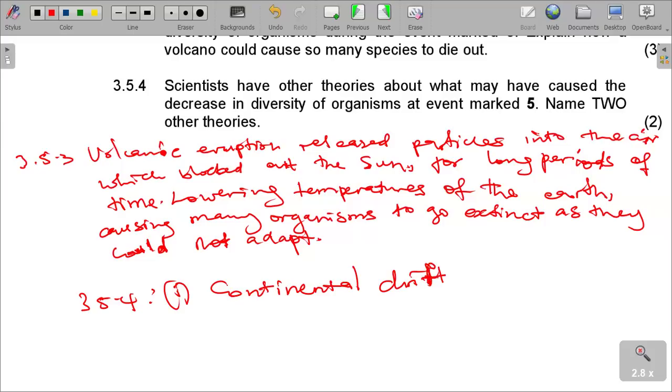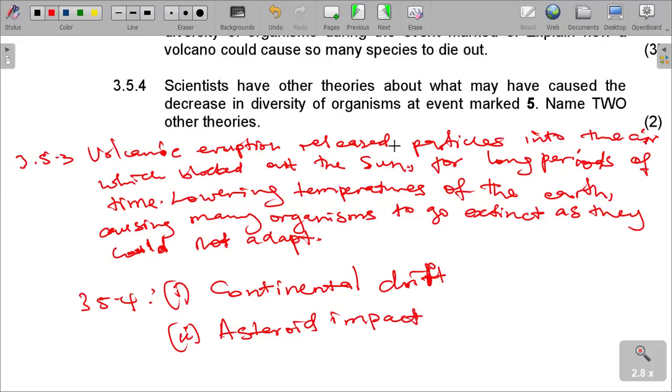It might have caused organisms, we can talk about that contributing towards the decrease in diversity, and also two, we can also talk about the asteroid impact, which also might have an impact on the decrease in diversity of organisms. Continental drift, and also the asteroid impact. We can also give that as other points that might have caused this.